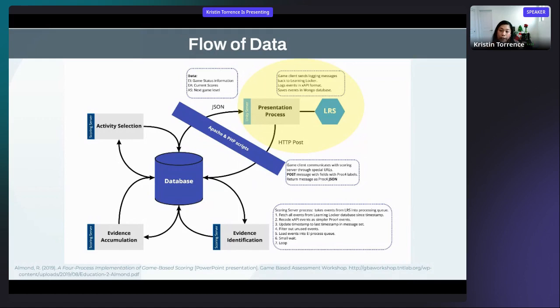For this particular game, they used Learning Locker. And then these events were sent to the backend database, and they used MongoDB. So you can see how there were 2 different servers, right? There's the client server and the scoring server. So in the scoring server was the evidence identification step, the evidence accumulation step, and activity selection.